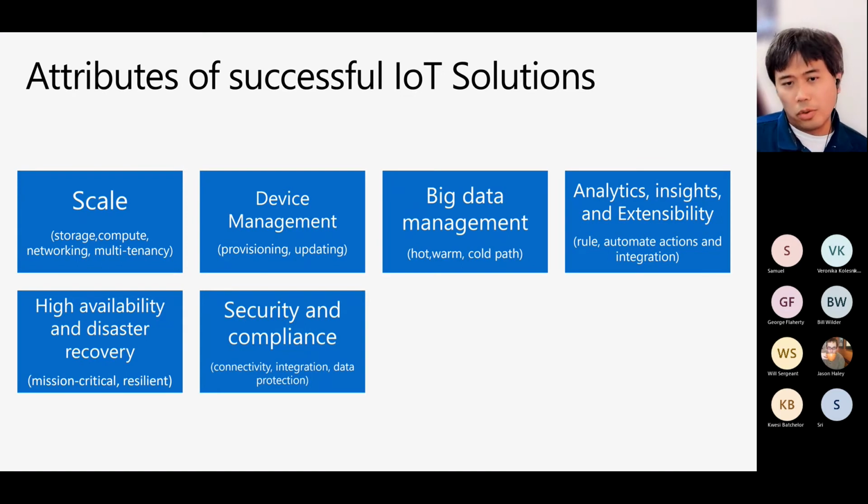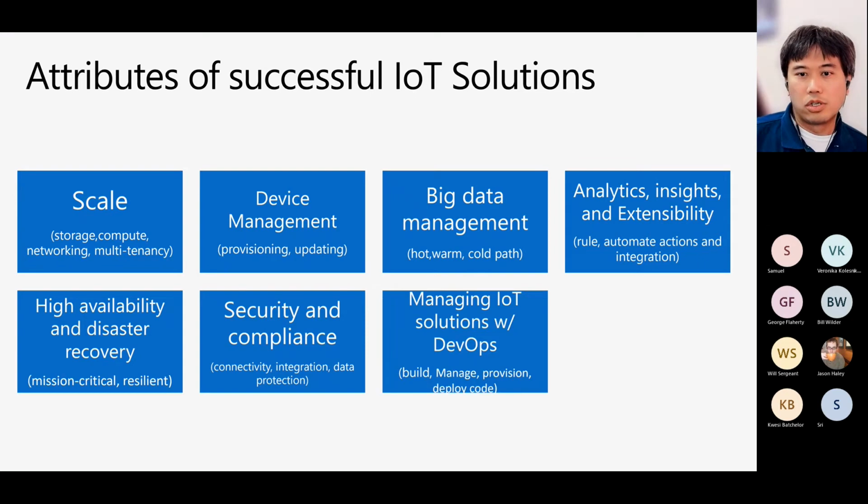And then security and compliance, because these devices are deployed somewhere that may be remote, where there's not a lot of people. If you think about oil fields, where they're constantly monitoring the well. So security, we've got to make sure of that, and also compliance as it transfers data from that device to the cloud. So think about connectivity, integrating your data, and data protection.